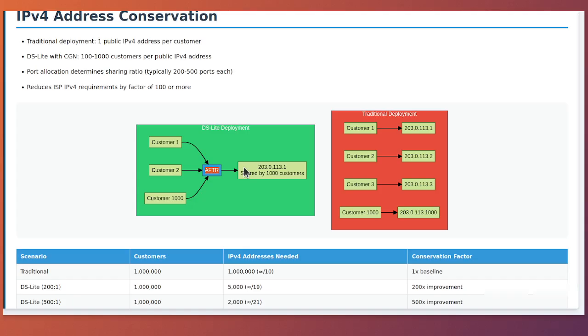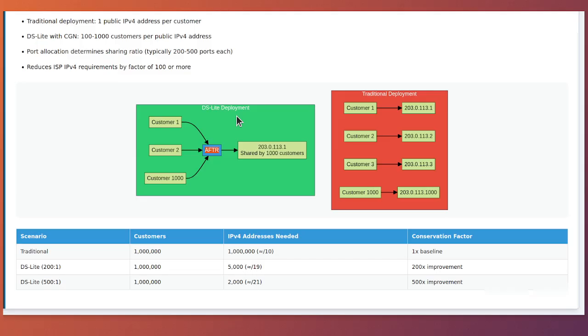A conservative approach might allocate 200 to 500 ports per customer, which would allow 100 to 300 customers to share a single public IPv4 address. More aggressive deployments might push this to 1,000 or more customers per address, though this increases the risk of port exhaustion and can cause problems for applications that require many simultaneous connections or specific port ranges.